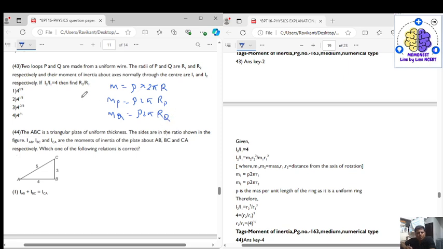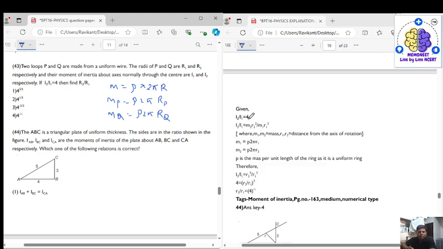Right? Now moment of inertia I1 is for P. So I1 will be equals to mr square. So for m we will place rho 2 pi rp into rp square. This is mr square, right?